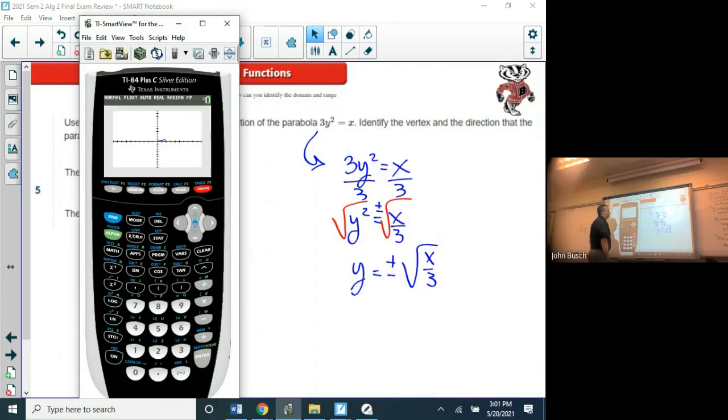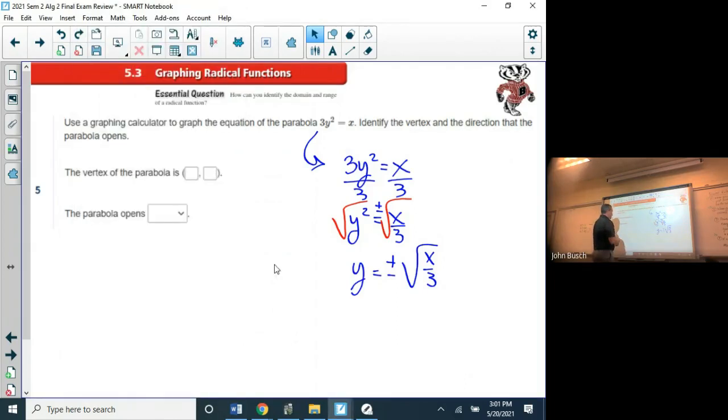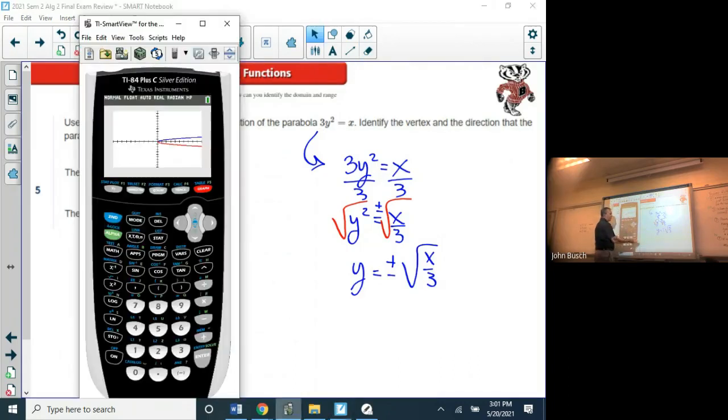Let's graph it and see what we get. So it looks like a sideways parabola. Opens to the right. So the vertex of the parabola is 0, 0.